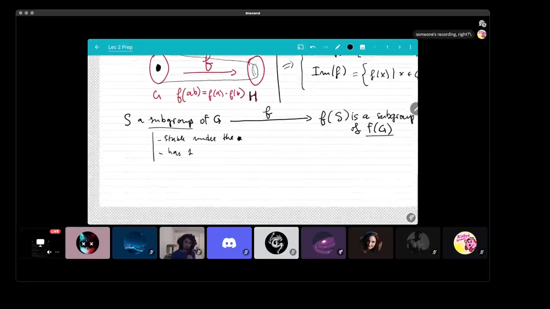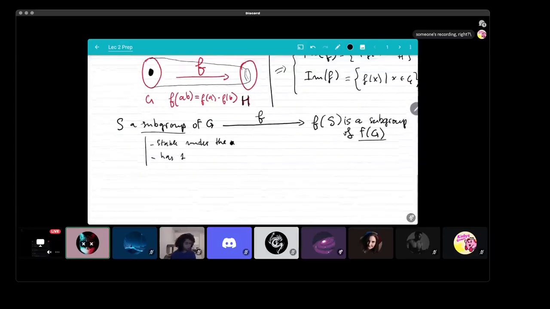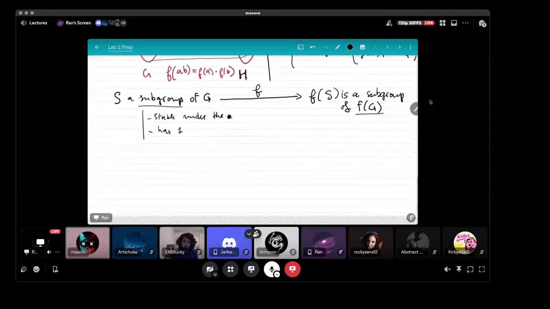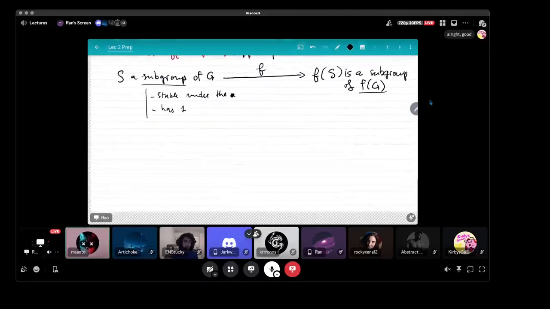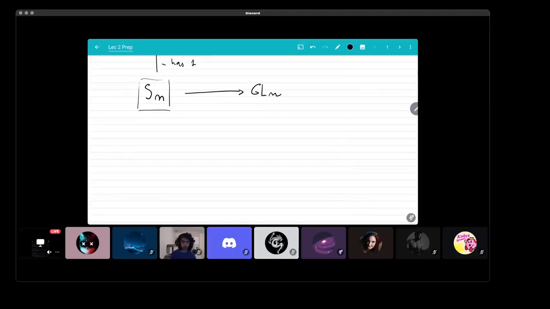A few examples of this: if we have a morphism from the set of permutations of order n to the set of matrices by using the permutation matrices.